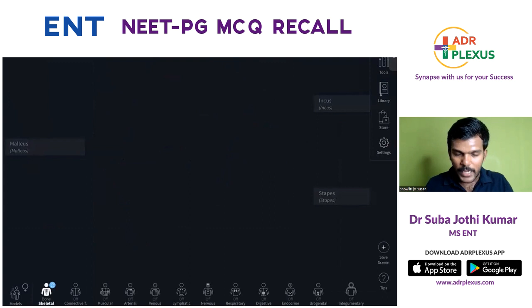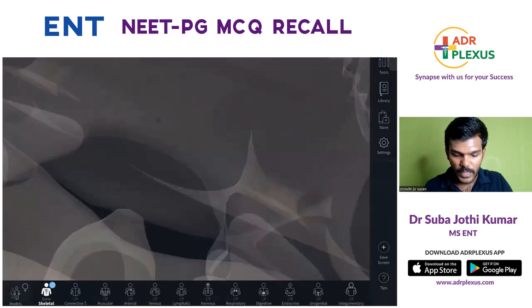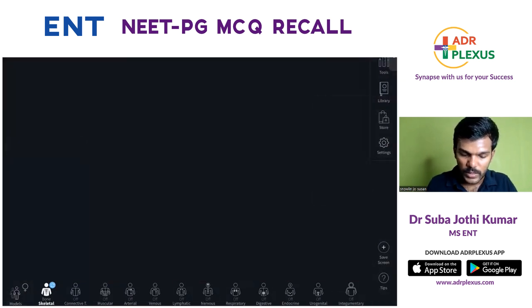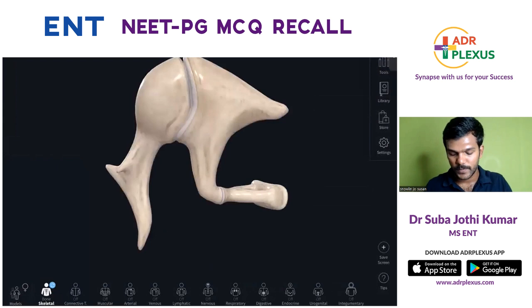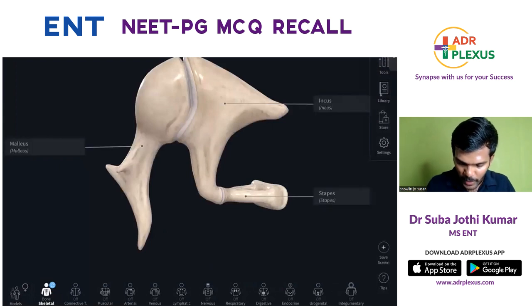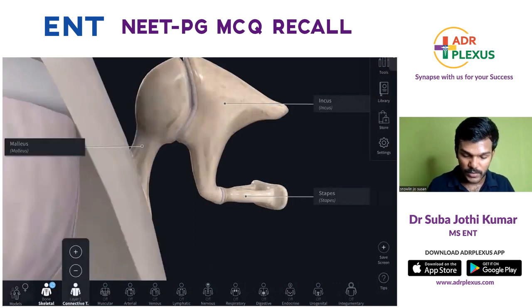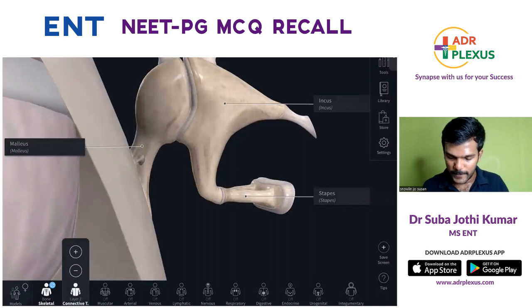Okay, malleus is in connection with the tympanic membrane. Malleus is in connection with the tympanic membrane. So how it is connected with the tympanic membrane is to be seen. First, we'll introduce the other connective tissue structures so that we will get the attachment of malleus with the surrounding structures. See here. Okay, fine.